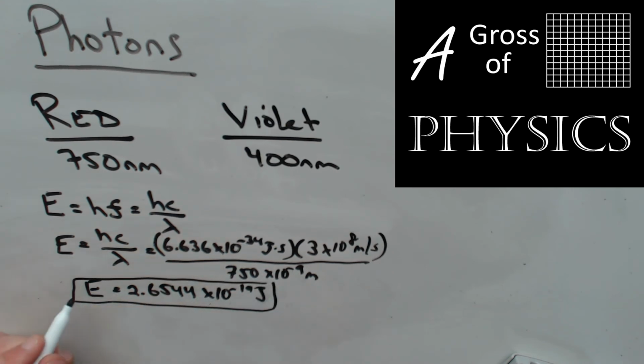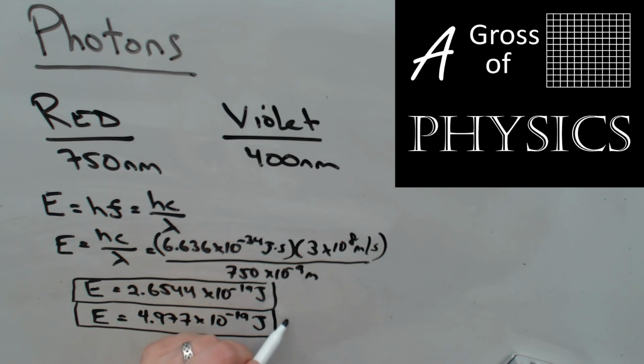Now, in order to find the energy of the violet light, we do the same equation, but instead of 750, we use 400. So 6.636 E negative 34 times 3E8 divided by 400 E negative 9. And we get 4.977 times 10 to the negative 19 joules.